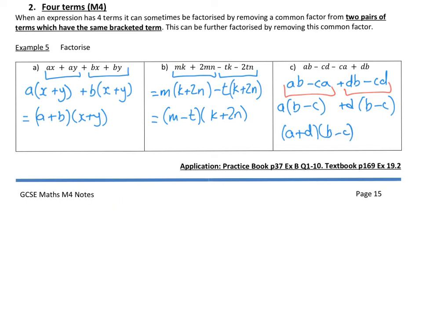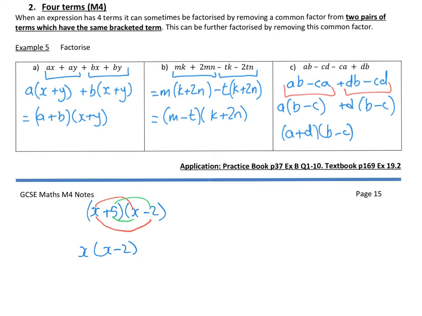So again, just to go through that again, if we have x plus 5 and x minus 2, whenever we're expanding those brackets using FOIL, we've got x times x, and then x times minus 2. So essentially what we're doing there, we could write it as x multiplied by x minus 2. Then the inner terms and the last terms, so we've got 5 multiplied by x and 5 multiplied by minus 2.